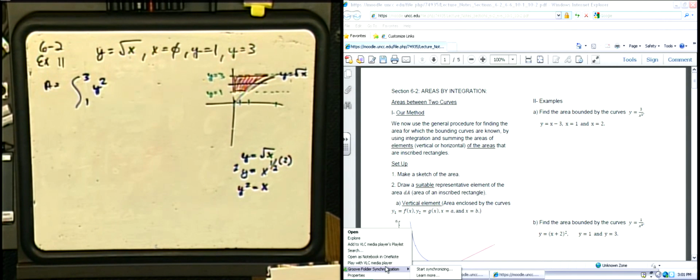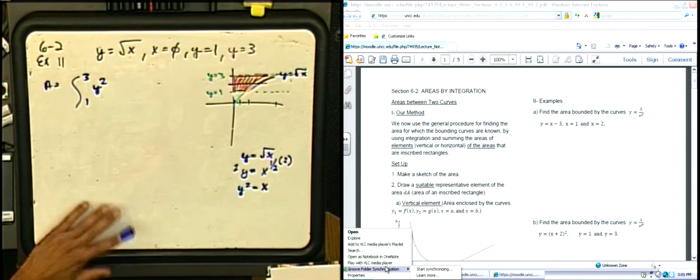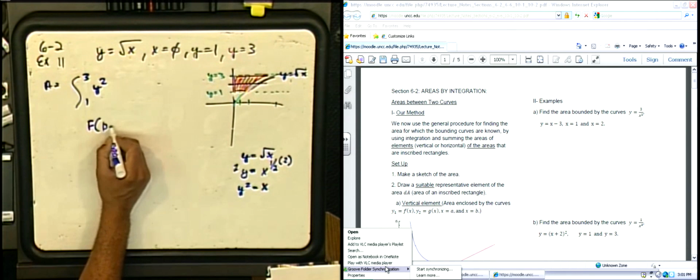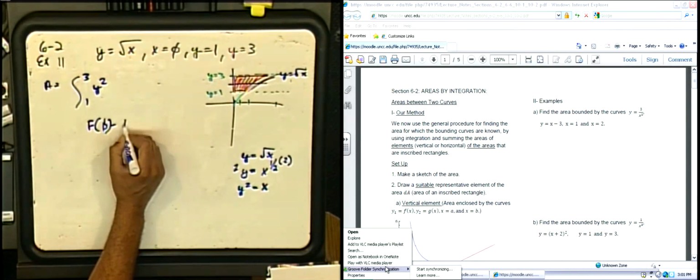Y squared. And then the steps go back to the basics, where you take the antiderivative and then f of b minus f of a.